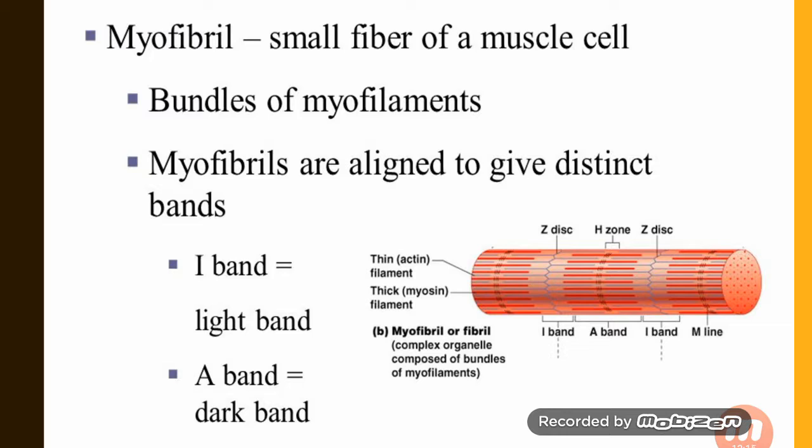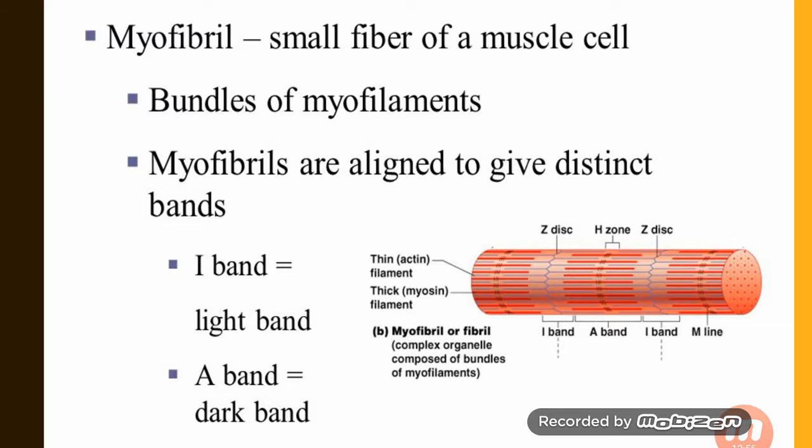Now we will see the structure of an individual sarcomere. It contains basically two bands, the A band and the I band. A band stands for anisotropic band and I stands for isotropic band. The A band, as its name indicates, can polarize light, so it is also called the dark band, whereas the I band is the lighter band.